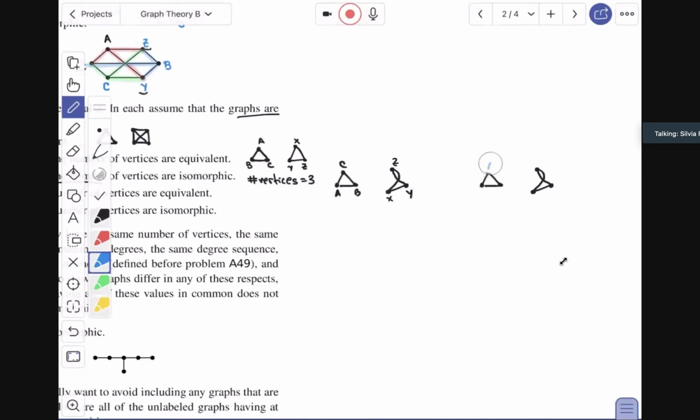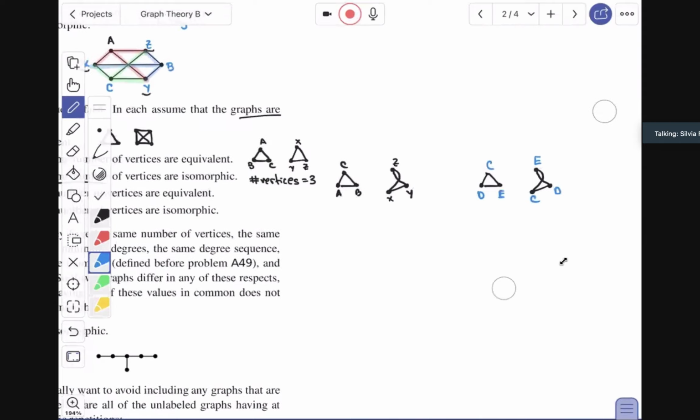So I can make this A or something else, maybe C, V, E, and I can make this one C, V, E, and all the pairs are the same. CV, VE, and EC. So they are isomorphic. All the K3s, all the K4s, all the K5s, all the K6s.